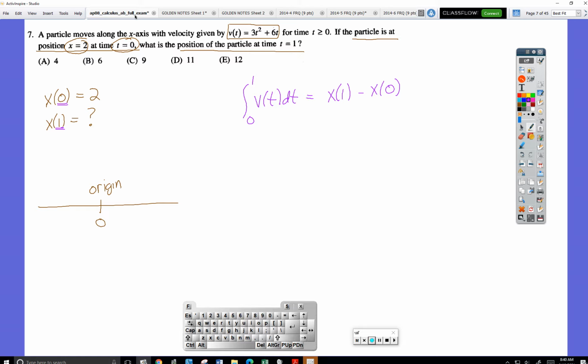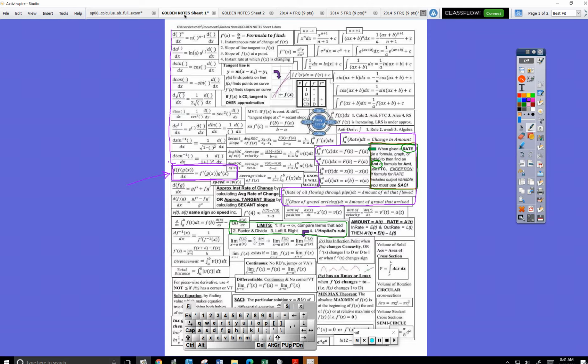On the AP test, however, they commonly will say capital F is the antiderivative of little f. Does that make sense? So that's not standard. They'll tell you. They tell you so much that I thought it was actually useful on the golden notes. Start using capital F just to kind of remind you that that usually happens. Does that answer your question? 2 more.